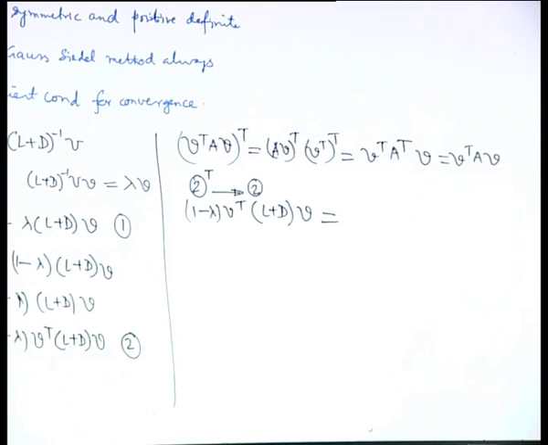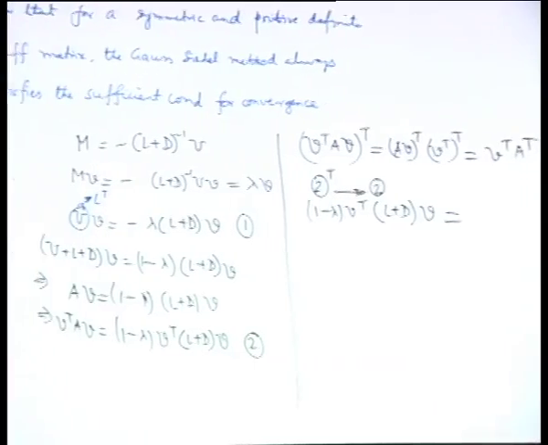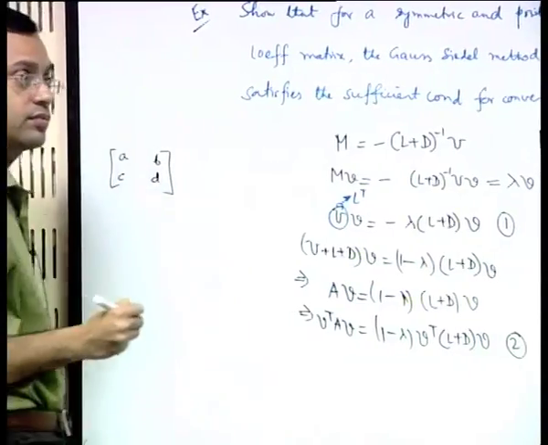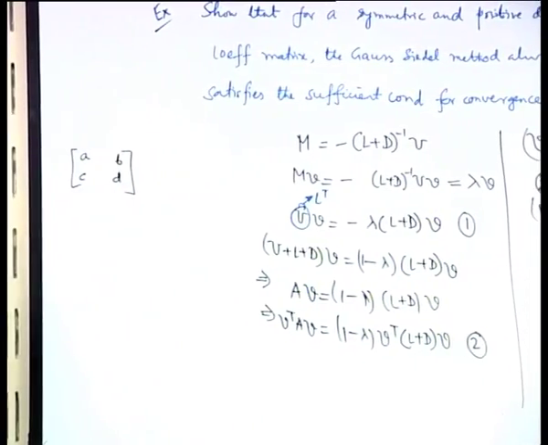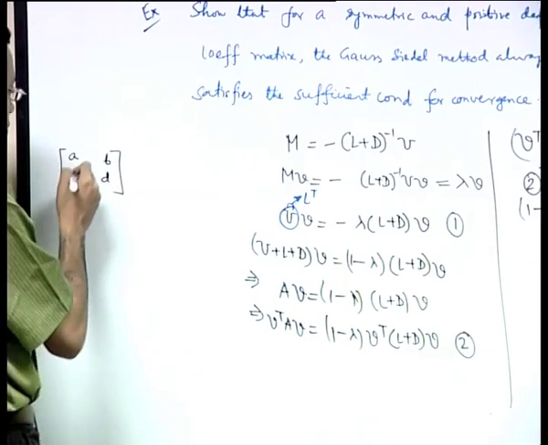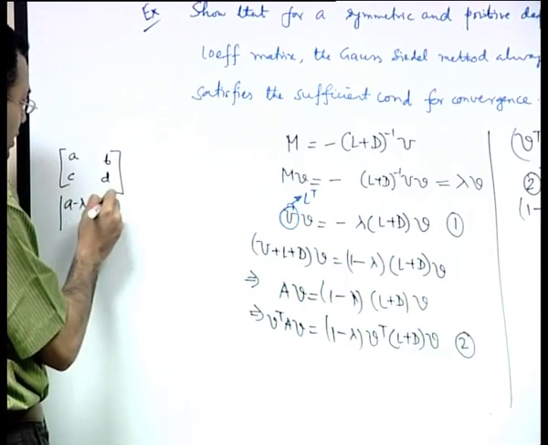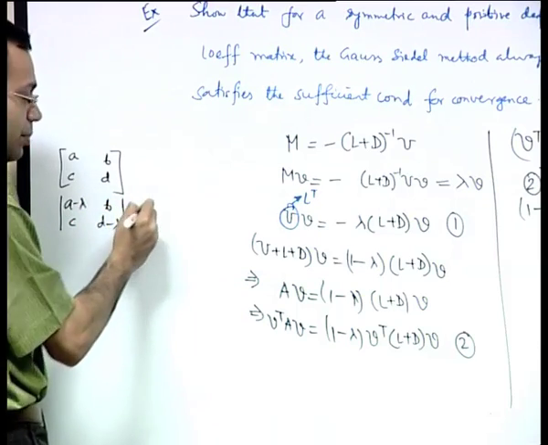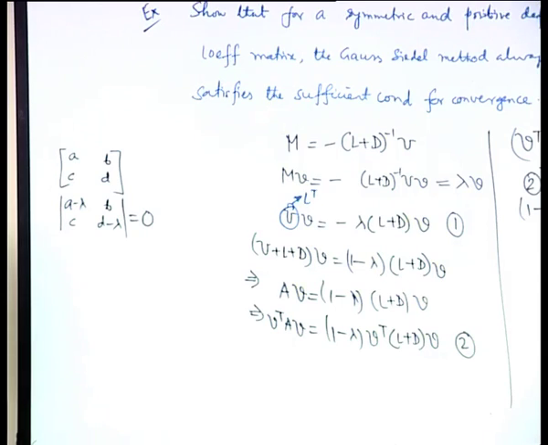For example, let us consider a 2 by 2 matrix, say A, B, C, D. If you want to find its eigenvalues, you write A minus lambda, B, C, D minus lambda, determinant, and set the determinant equal to 0. If you have the transpose of this one, the same equation governing the eigenvalue will be valid, but it is a quadratic equation, it has 2 roots.